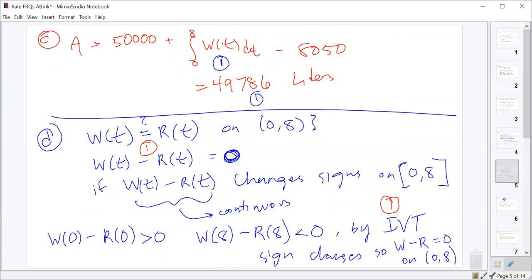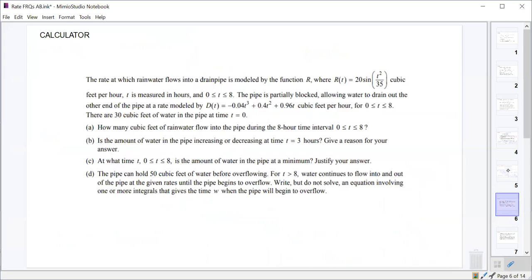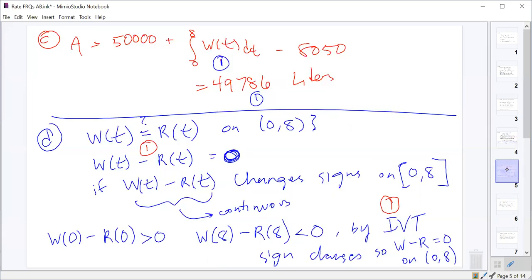All right. Did you have to use IVT, or could you reason your way through it as well? It depends. On this one, it didn't specifically say you needed to use the words IVT, but sometimes they do specifically say, and if you didn't mention the intermediate value theorem, or the mean value theorem or whatever, they won't give you the points.